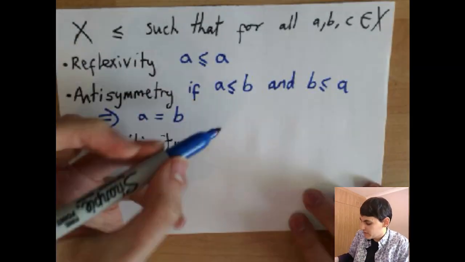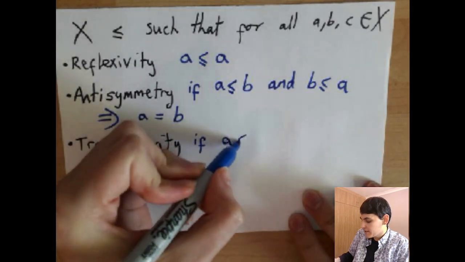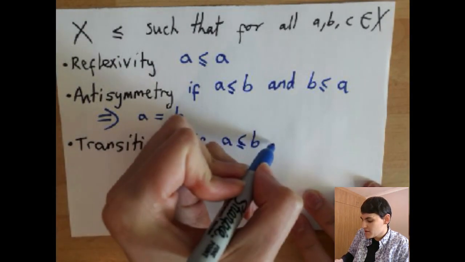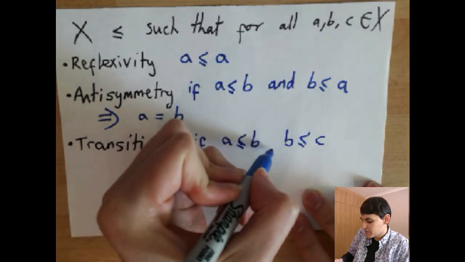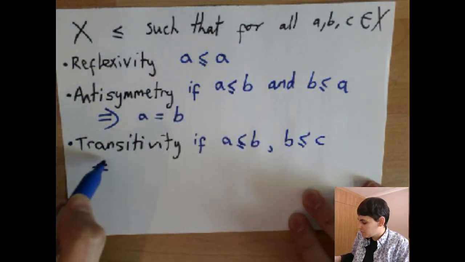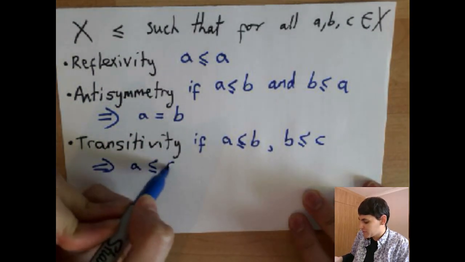That says if A is less than or equal to B, and B is less than or equal to C, then that implies A is less than or equal to C.